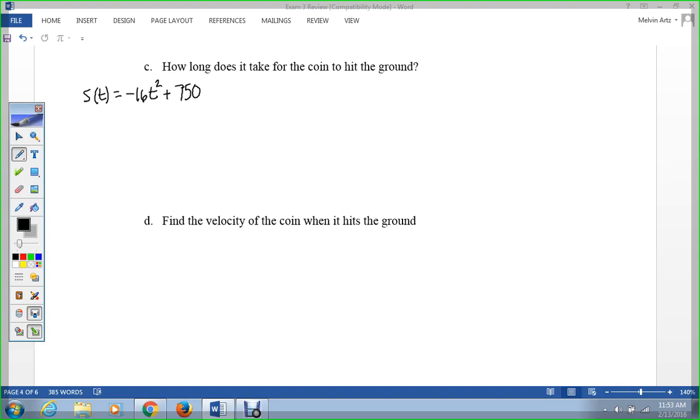Well, if this is our position function, we want to know when the height is 0. So when we solve for t, we subtract 750, then divide by 16, and then take the square root. So t would equal 6.85, and that would be seconds.